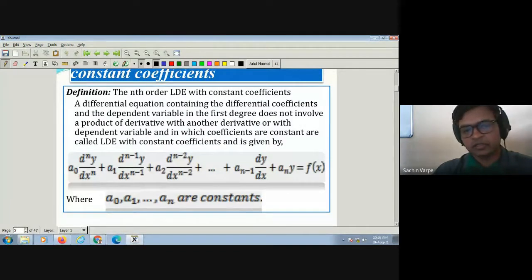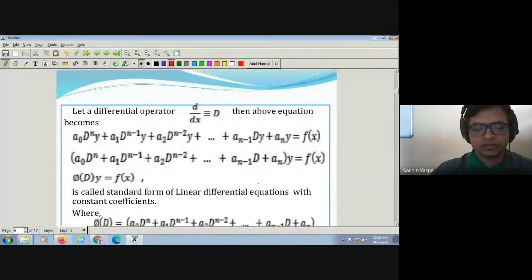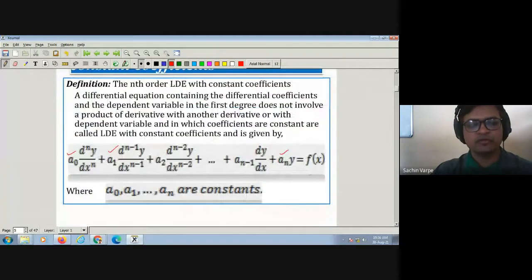So then the given differential equation is called linear differential equation, where these a naught, a1, and so on up to an are the constants. That is why it is called the constant coefficient, right?